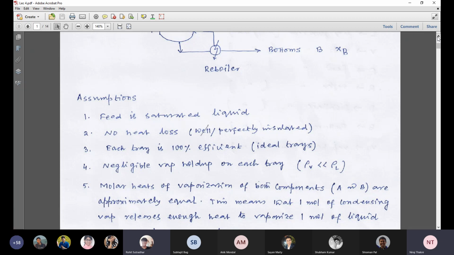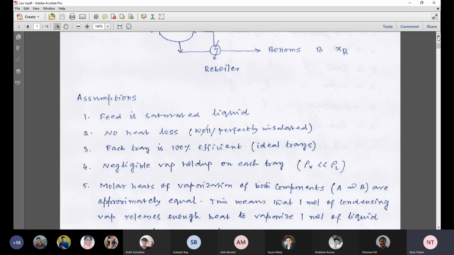Yes, sir, that is what I was trying to say. Basically, if 1 mole of vapor condenses, at the same time exactly the same mole of liquid gets vaporized. Okay, so that means there is no accumulation kind of thing.